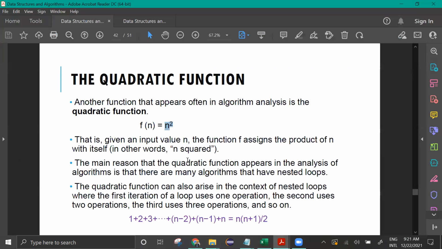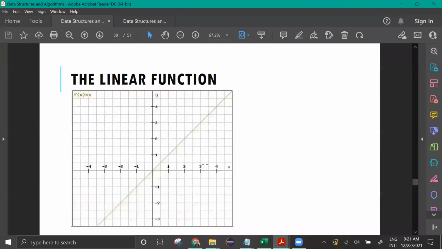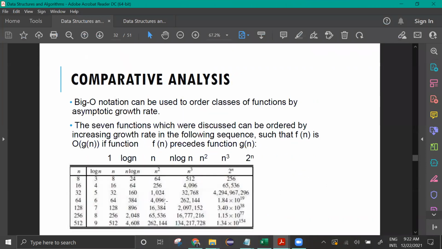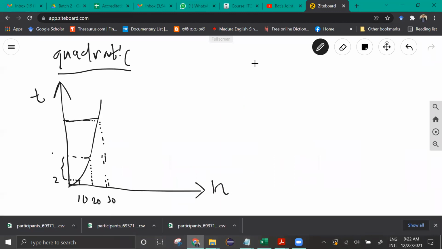Okay. So I can go to this example. Here, see the values. If n is 8, n squared is 64. So likewise.